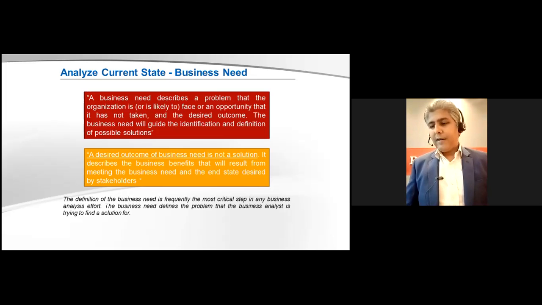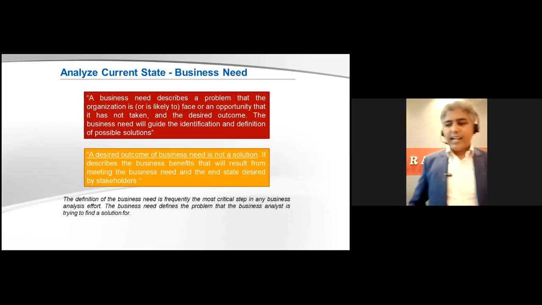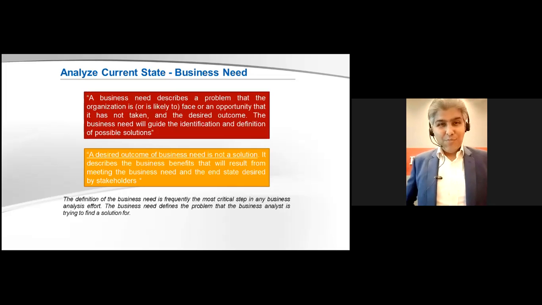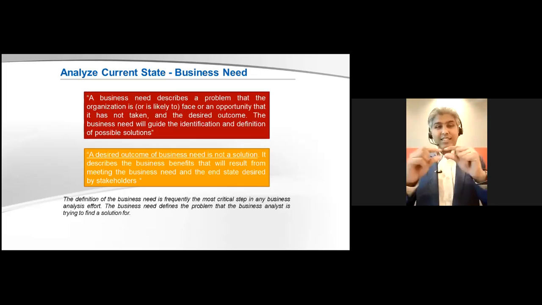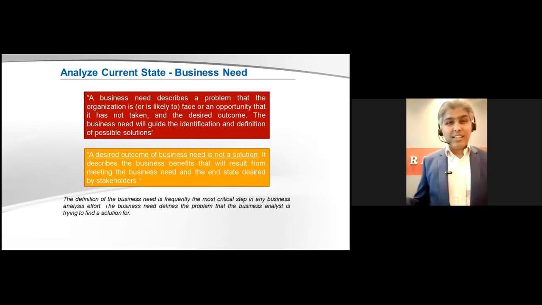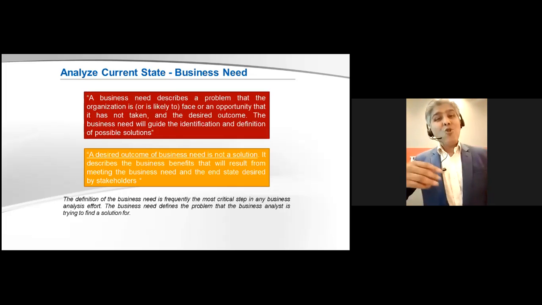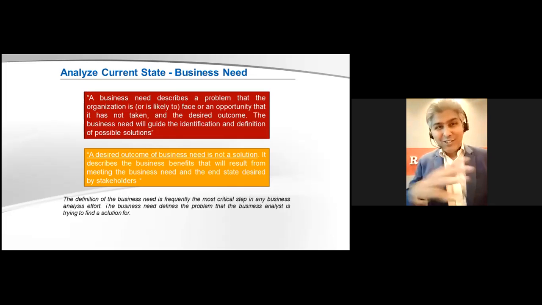So the business need will guide the identification and definition of possible solutions. Remember, that's not a requirement or solution requirement. That's just a business need. So a business need would not be to have 100% automation. That's not a business need. That's a stakeholder requirement.